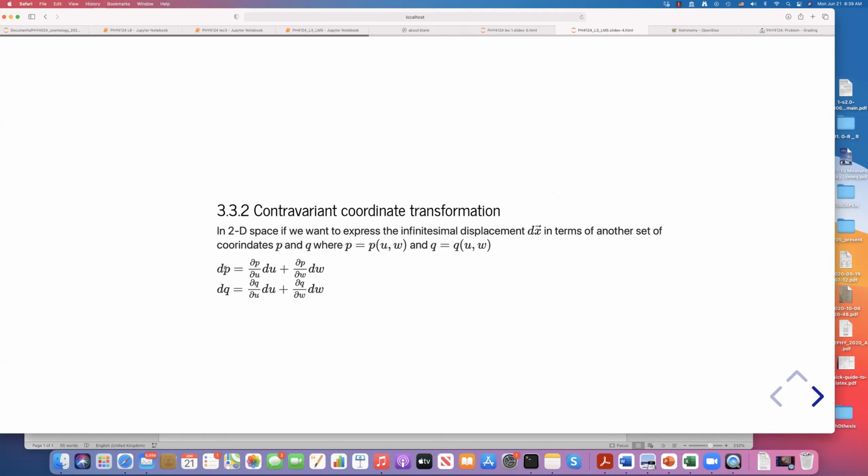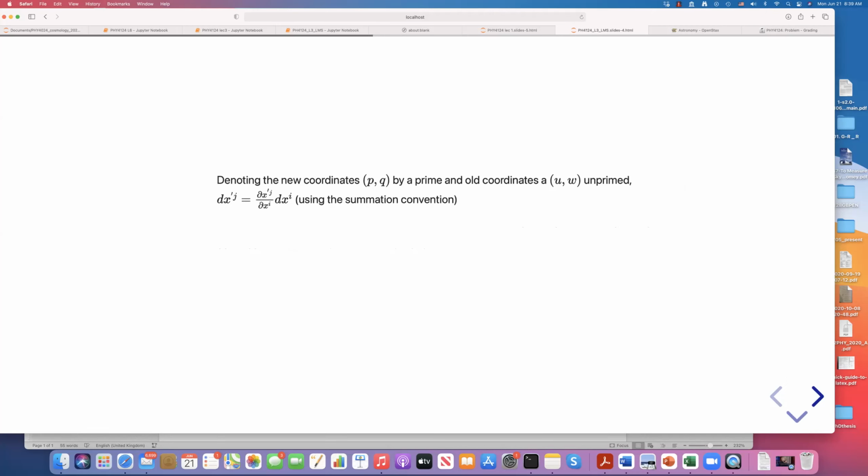You have one expression right here, the second expression right here, completely different. For the first expression you have two terms summed together, and the second one also has two terms summed together, and this whole thing you can write from one single expression like this using Einstein's summation convention, right?